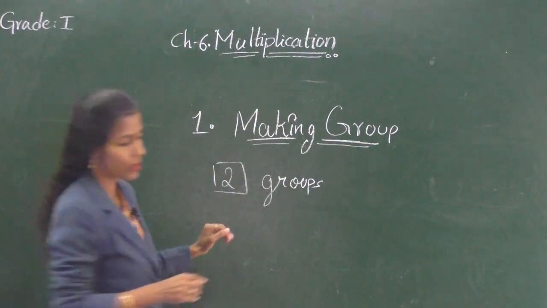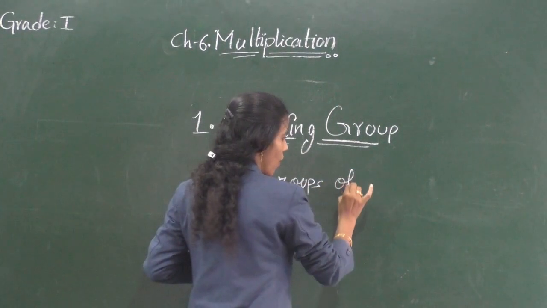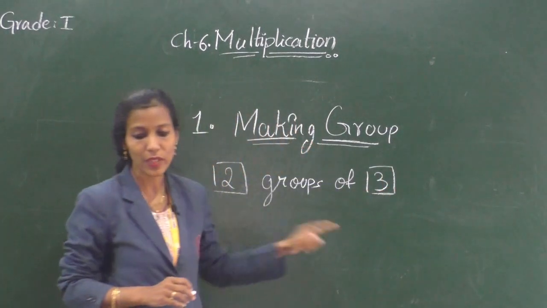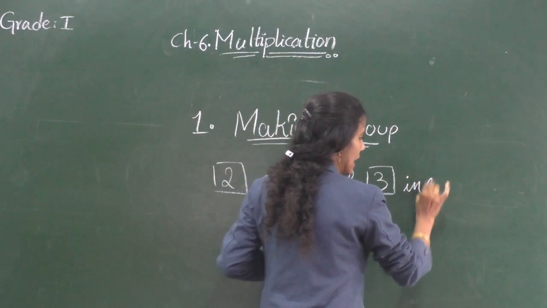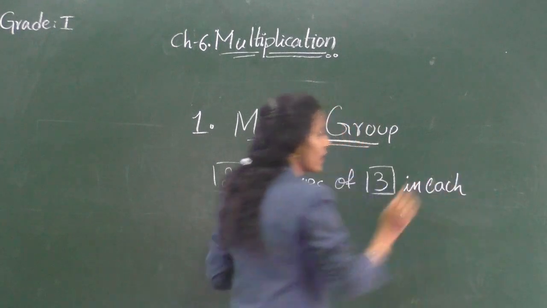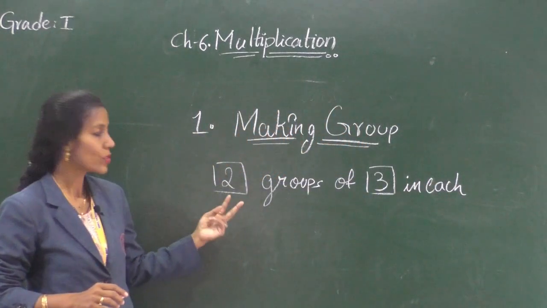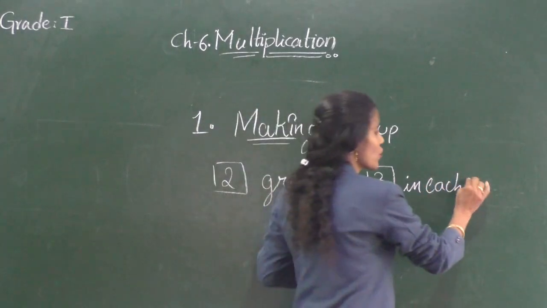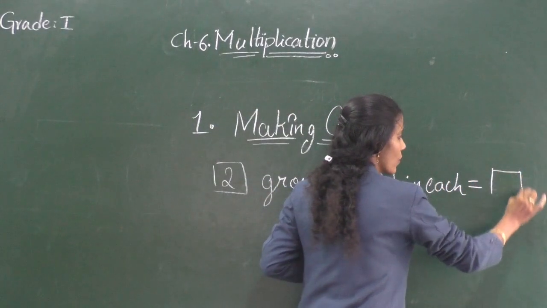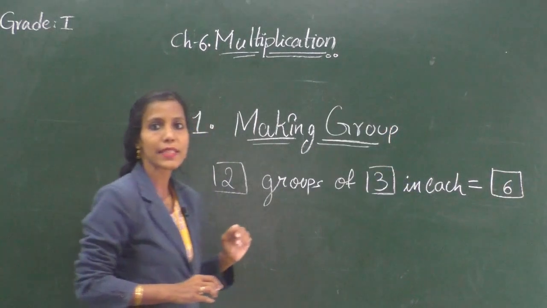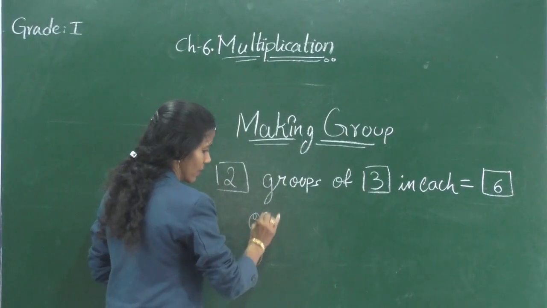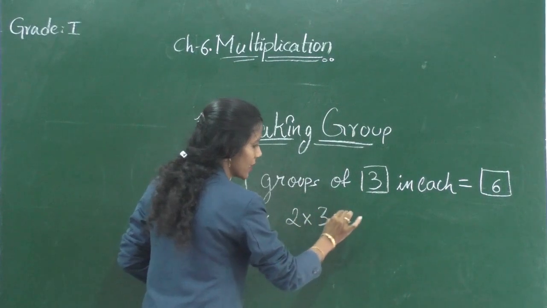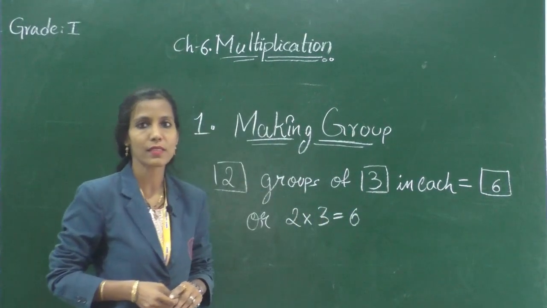Two groups of 3 in each group. 2 groups of 3 in each, which will be equal to 6, or we can write it as 2 into 3 is equals to 6.